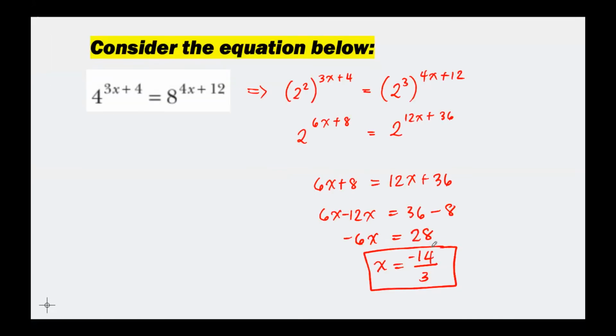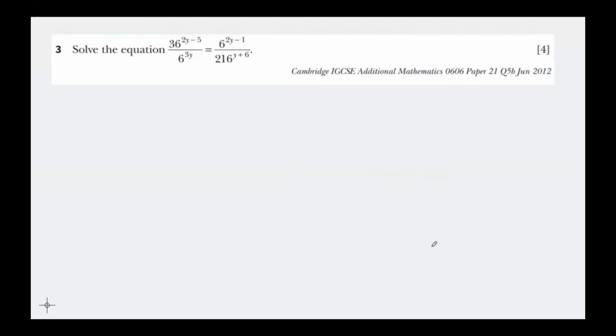Okay, so now let us consider past year questions to give more examples for equations involving indices. So let's have a look at this one. This is from 2012. So if you notice, this is 36 and 6. This is one of the mistakes that the students do.